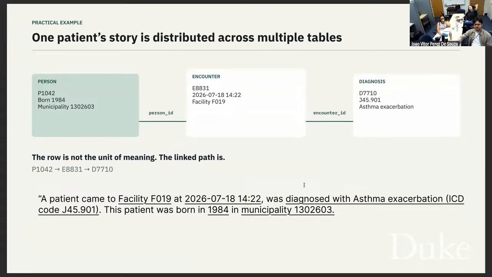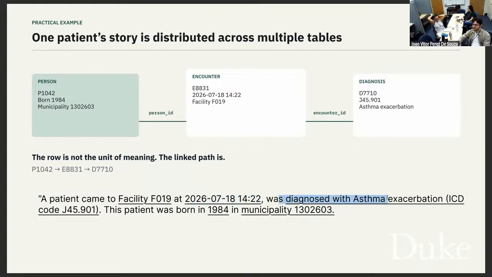If you're going to think about a data model, you can actually think about a patient story, a patient process through the health system. So you can really ask questions or translate this into affirmations that, using the different tables, the different elements of the data model, you can actually describe: a patient came to facility F019 at this date.